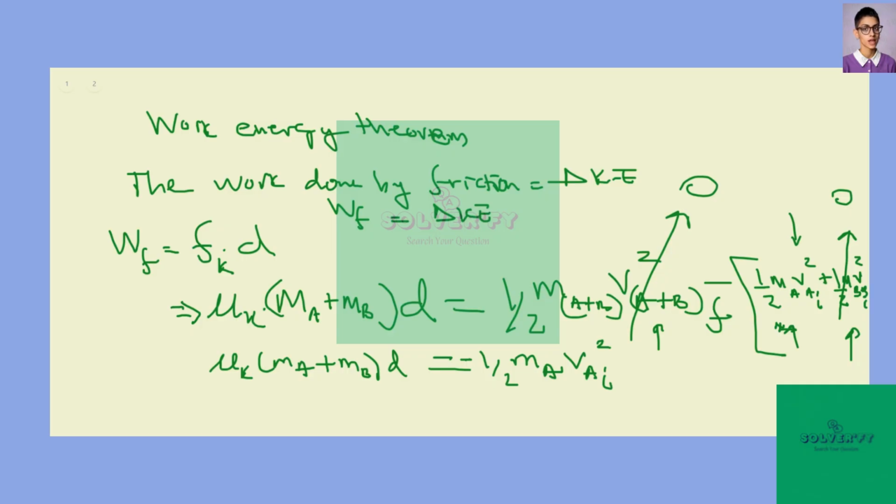Then we could divide both sides by, this is the initial for B. I think we have to change this a little bit.